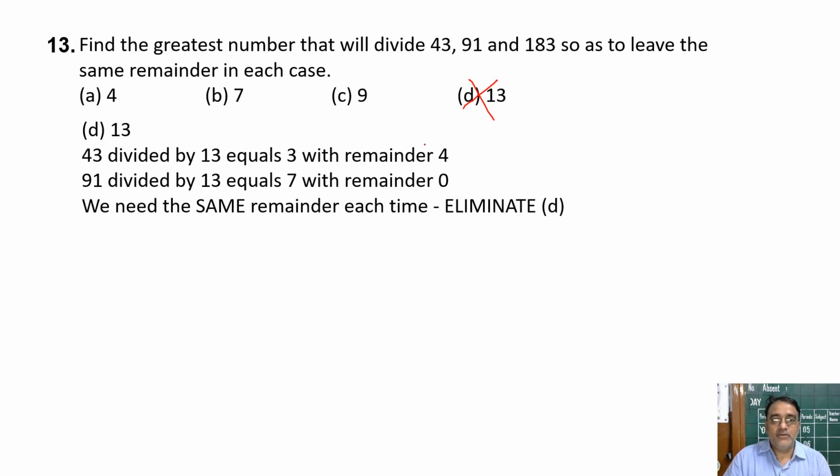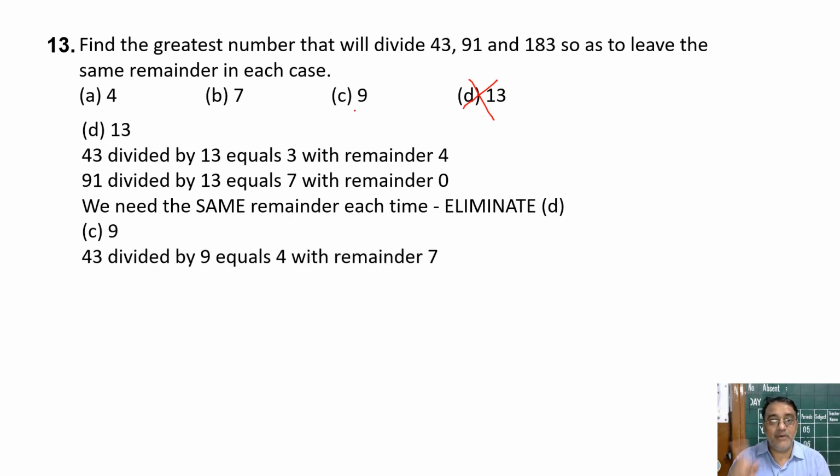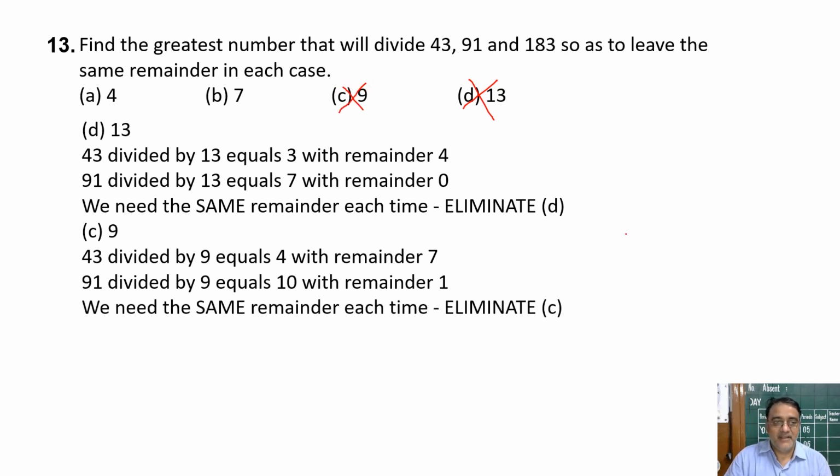Right. Now let us move towards 9. 43 divided by 9. If you divide it by 9, you will get 36 plus 7, 7 remainder. Okay? And if you divide 91 by 9, you will get 1 remainder. So that means this is also not possible. We can eliminate. Right?